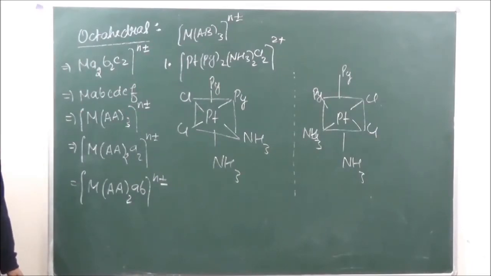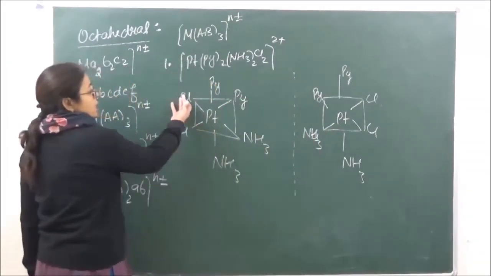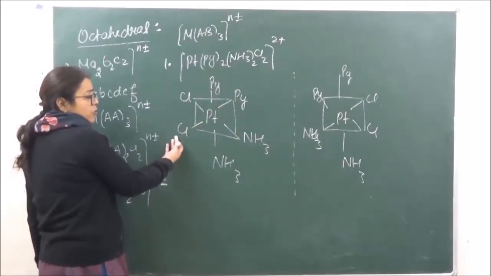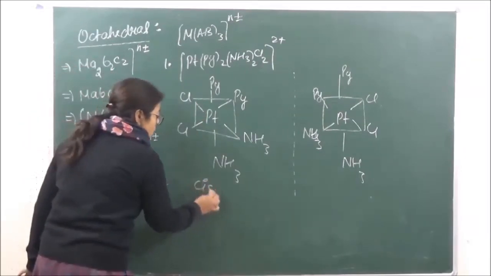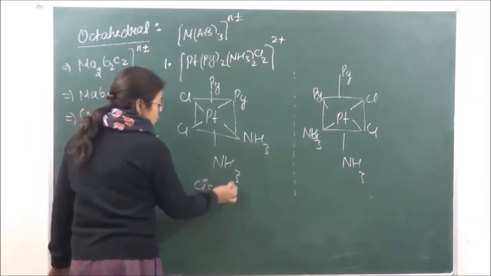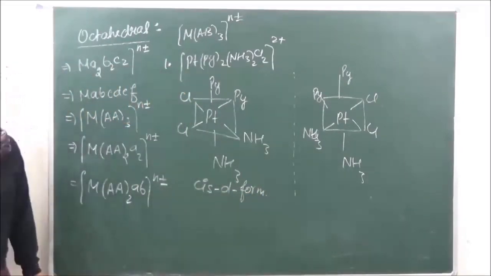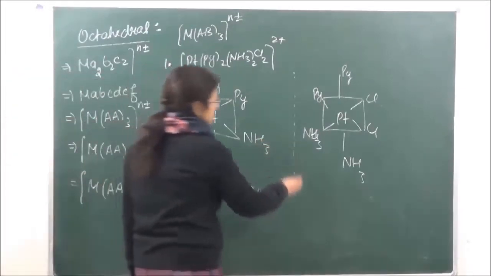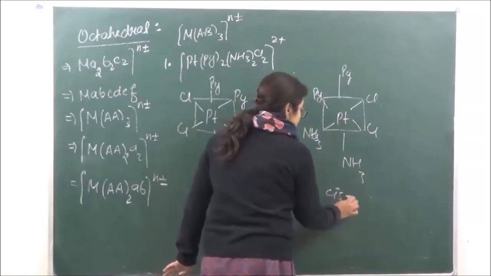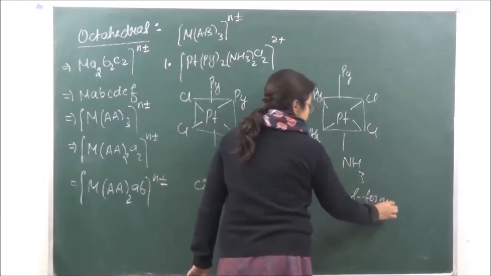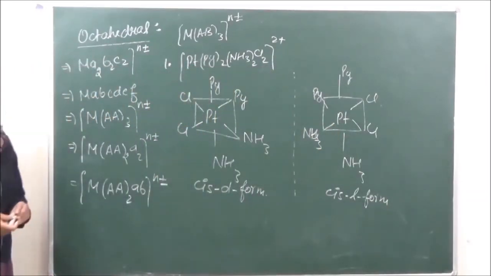If you try to superimpose it on this, chlorine के ऊपर pyridine आ जाएगा और chlorine के ऊपर यहाँ पे ammonia आ जाएगा. So these are non-superimposable. So this is the cis form, but this is going to be the cis D form, the dextro-rotatory form. This is also cis because pyridine is at the adjacent positions, but this is going to be the L form. So this is the first example which we have taken.